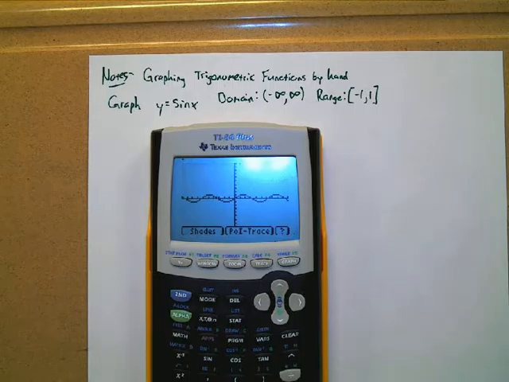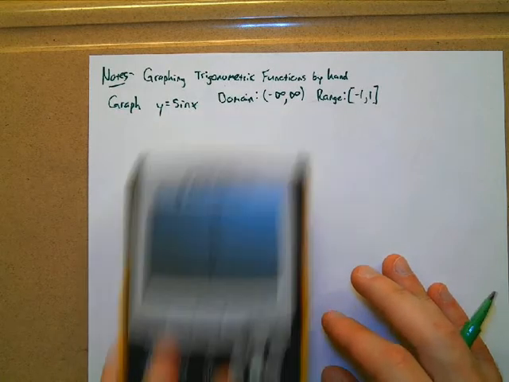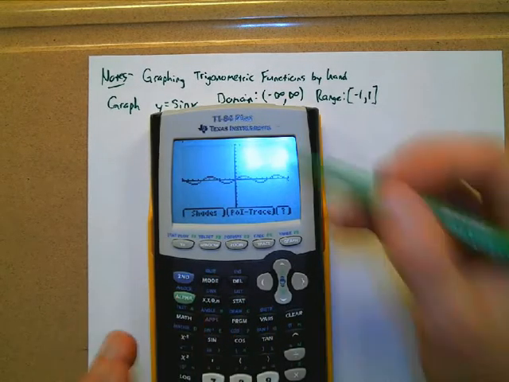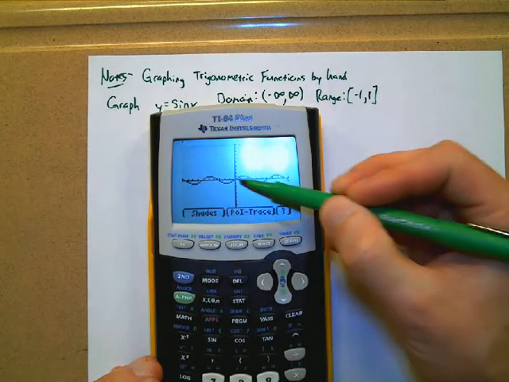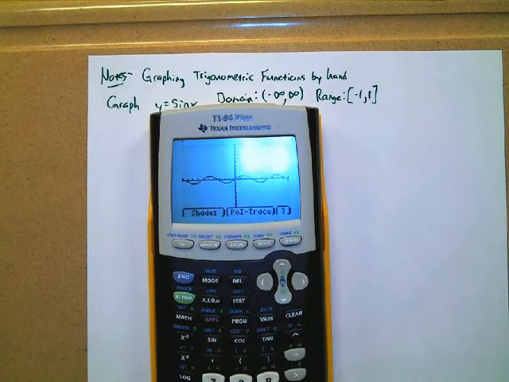So there's some basic information about the sine graph. It looks like it repeats itself, right? It's a wave. It's going to keep going forever and ever. And so let's actually graph this. Since it repeats, the length of the repeated part is called a period.